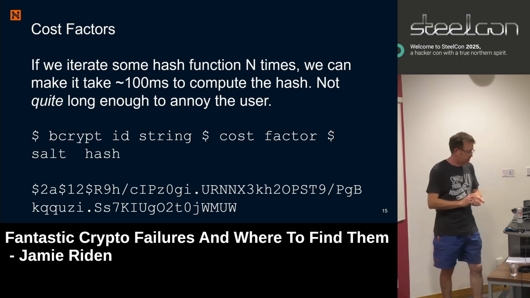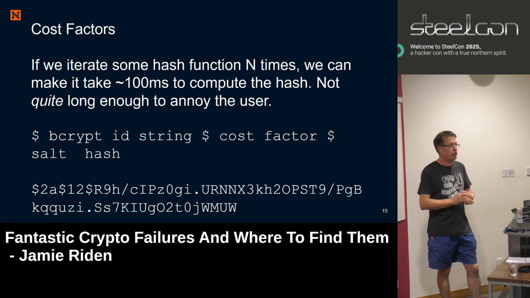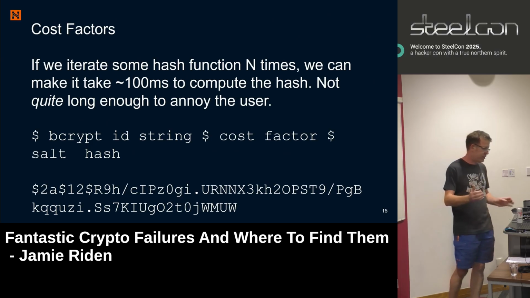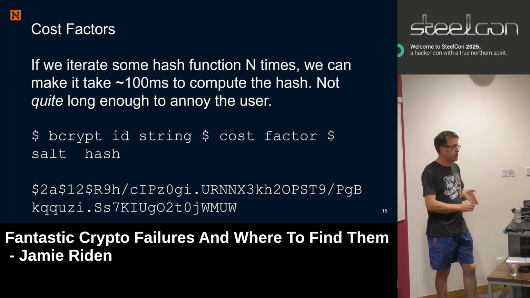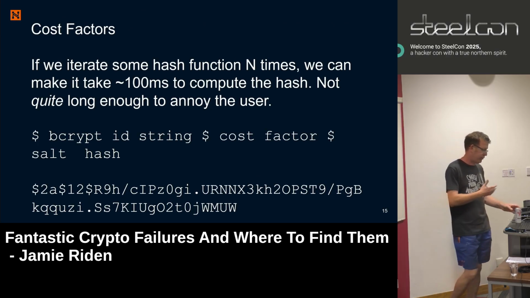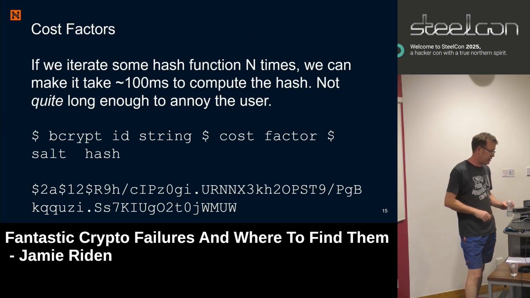And then with Bcrypt, I think came in the cost factor. Because obviously computers are getting faster and faster, they wanted to be able to make the hash harder as computer hardware gets better. So they introduced a cost factor, which is the second parameter. You have $2a, meaning Bcrypt, and then $12, which is the cost factor. In this case it is 2 to the power of 12, so that's 4 times as hard as $10.